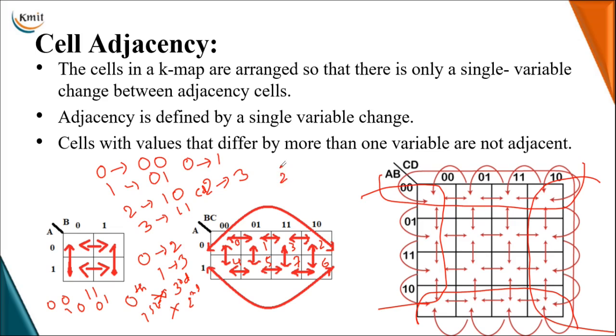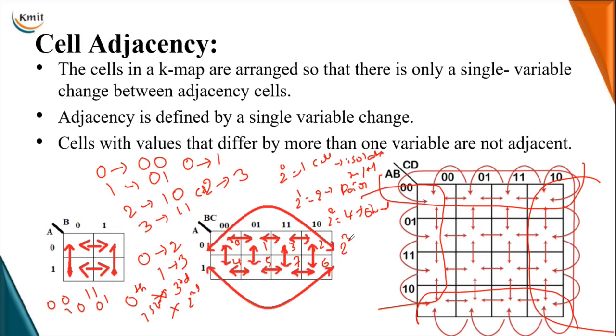Big squares always start with 2 power 0, which is only one cell, called an isolated minterm or maxterm. 2 power 1, which is equal to 2, is a two-square adjacency called a pair. 2 squared is 4, called a quad.